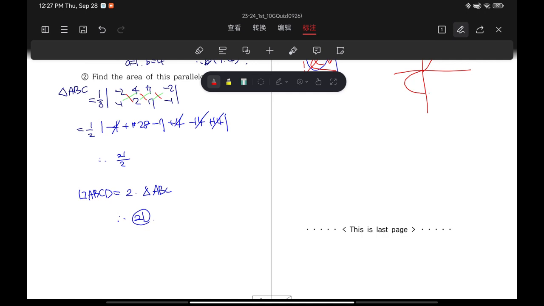So first of all, you should find the area of the triangle ABC. So half. So -1, -1, 4, 2, 7, 7, and first rewrite the first point, -2, -1.